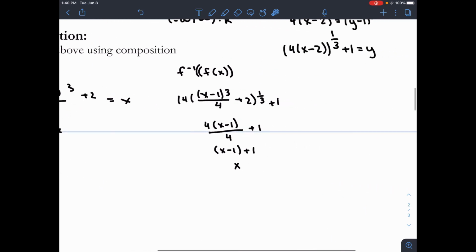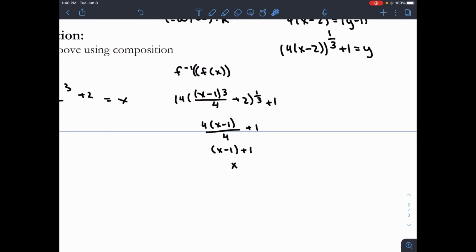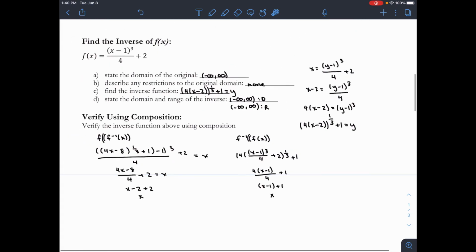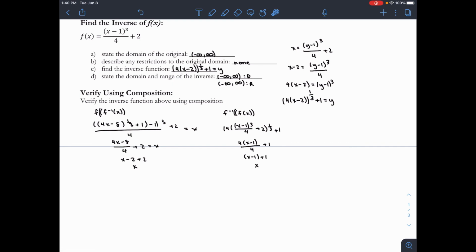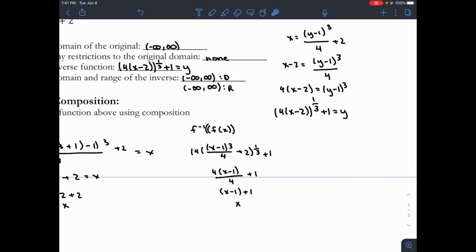But we also need to do the other way, which is putting the original f of x into the inverse. So we have the inverse, f to the power of 1 of x.